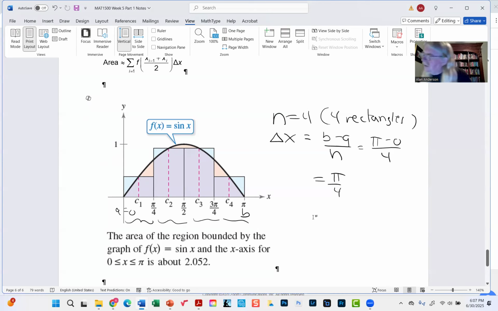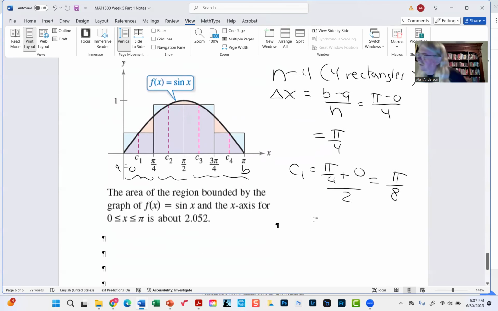So in other words, c1 is halfway between pi over 4 and 0. And then we have c2, which is pi over 2 plus pi over 4 over 2, which is, oh, wait a minute.